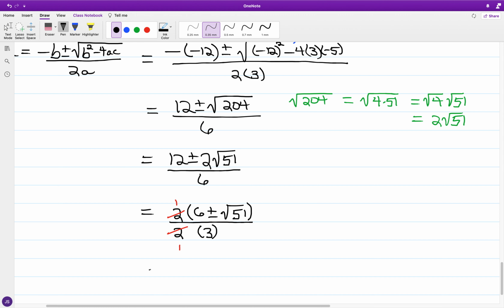And for your compact answer, we have 6 plus or minus the square root of 51, all over 3.